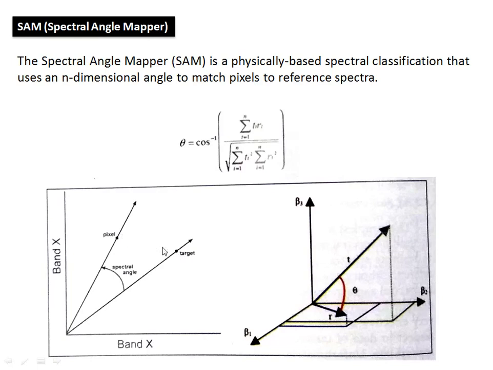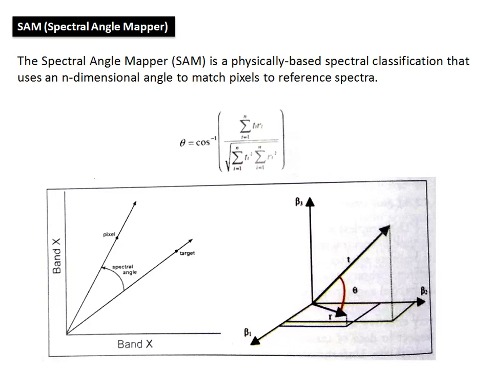For matching these two spectra, an n-dimensional spectral angle is calculated. So this is the spectral angle, that is one spectrum and that is another, and it is very pertinent that a spectrum has a direction and magnitude, and this direction shows the spectral property of any pixel or of any feature.